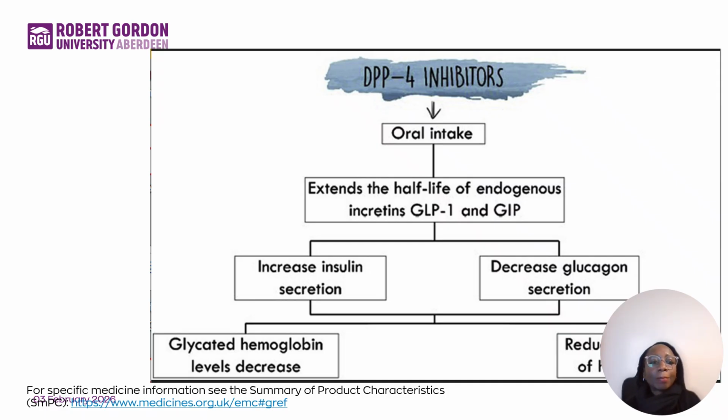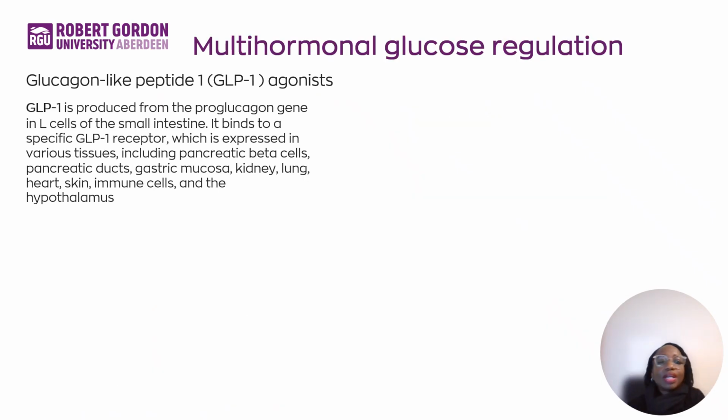Okay, and then when we go back again to visit the glucagon-like peptide 1 GLP agonist, the GLP-1 is produced from the proglucagon gene in L cells of the small intestine. It binds to a specific GLP-1 receptor, which is expressed in various tissues, including pancreatic beta cells, pancreatic ducts, gastric mucosa, kidney, lung, and all these other tissues here.